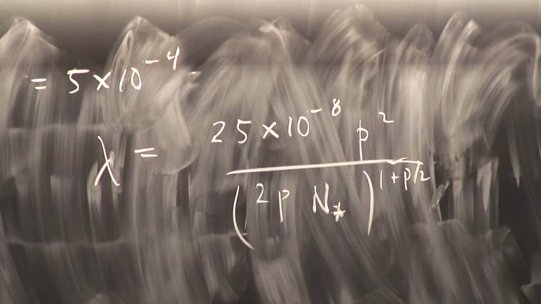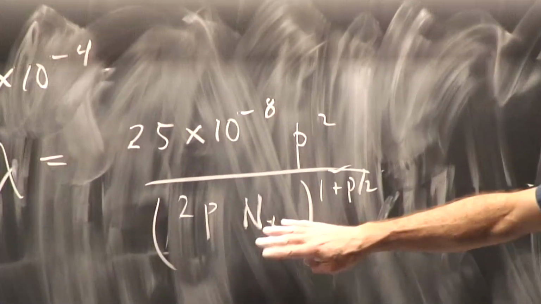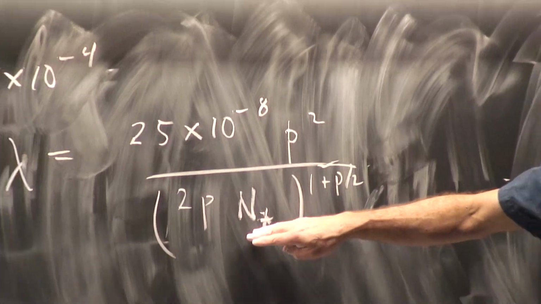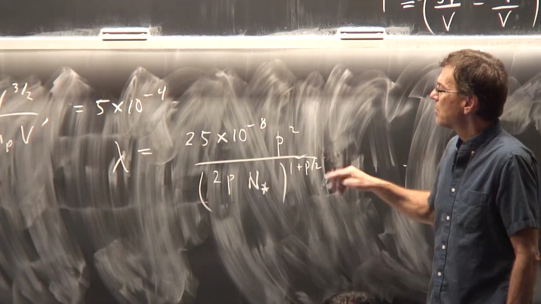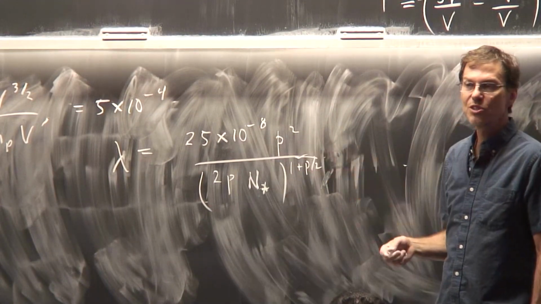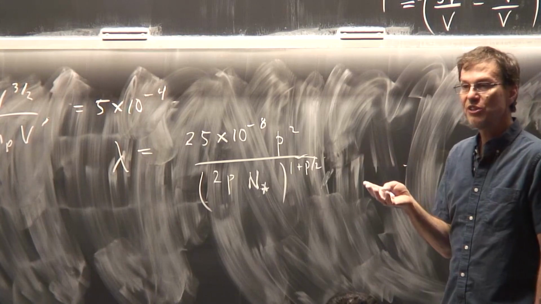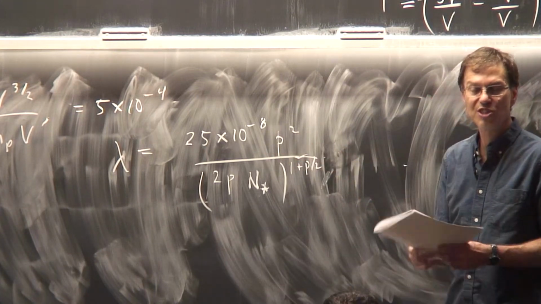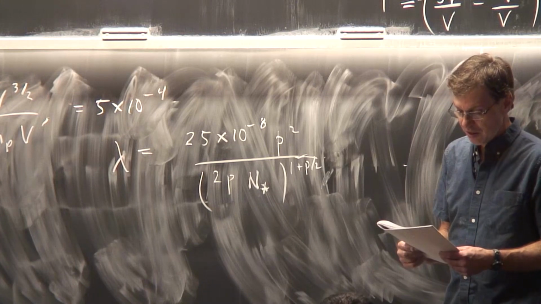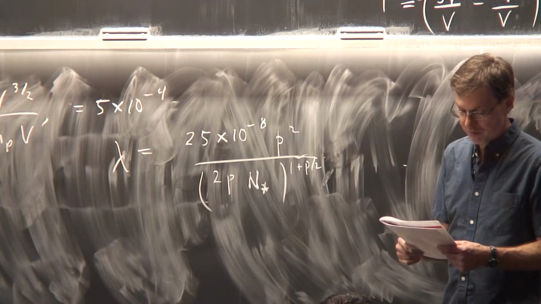And what you notice from this is that regardless of whether N star is 30 or 15 or 60, this is a very small number. So that's another general feature of chaotic inflation, that you need to put in some small dimensionless number to get the power at the right level.